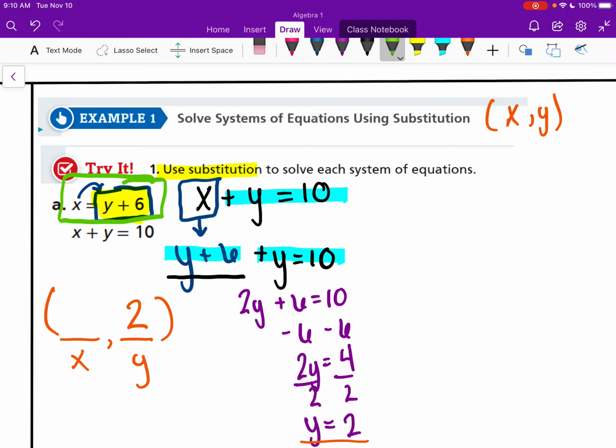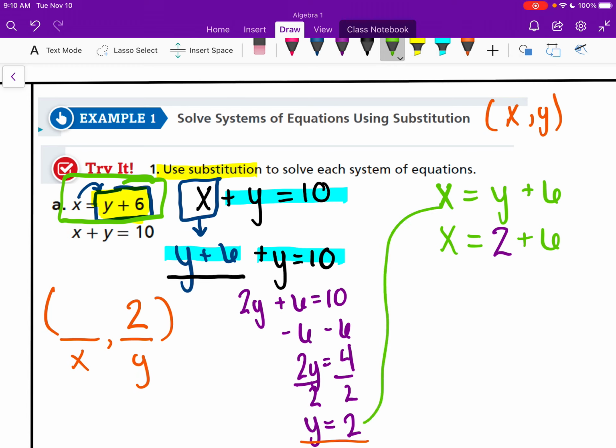We were given the information that x is equal to y plus 6. So whatever the y is, add 6, and that's the x. We were just told that the y is 2. So we're going to replace that, and that's going to be x equals 2 plus 6, because the y is equivalent to 2.